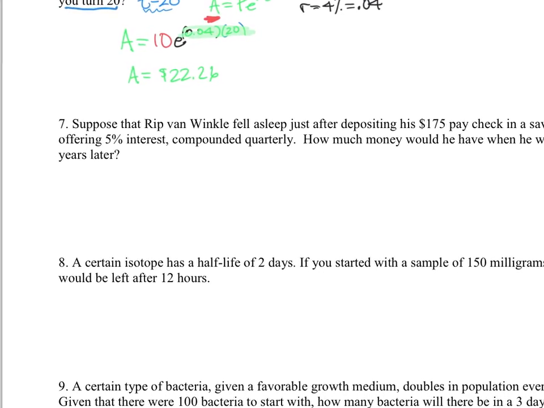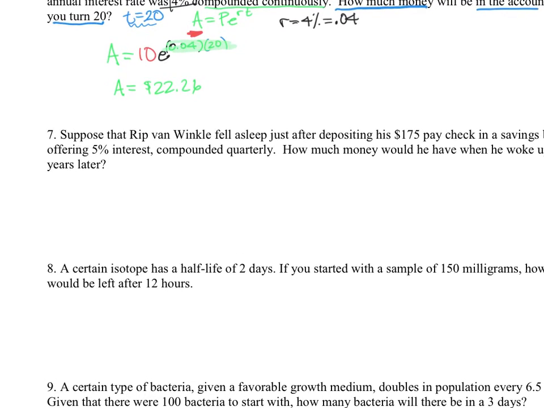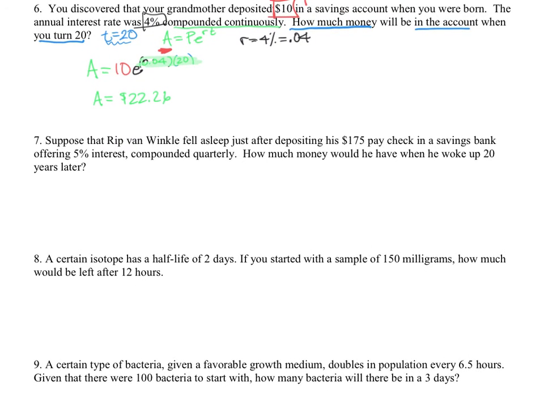It's a similar situation where we are calculating an amount after a certain period of time. Again, we are looking at the question at the end of the problem to see what we need to find. Again, we are finding how much money there would be after he woke up, 20 years later.